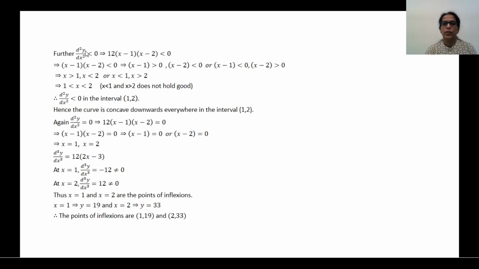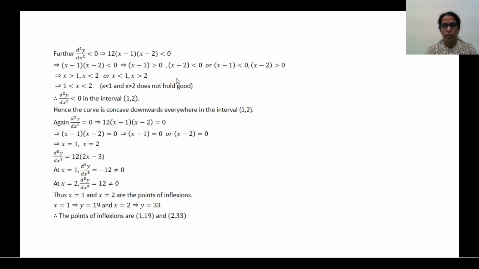Further, d square y by dx square less than 0 means 12 into x minus 1 into x minus 2 is less than 0. This product is less than 0 if x minus 1 is greater than 0 and x minus 2 is less than 0, or x minus 1 is less than 0 and x minus 2 is greater than 0.